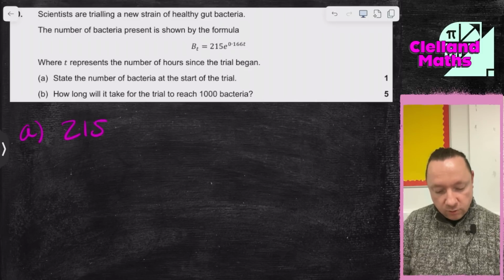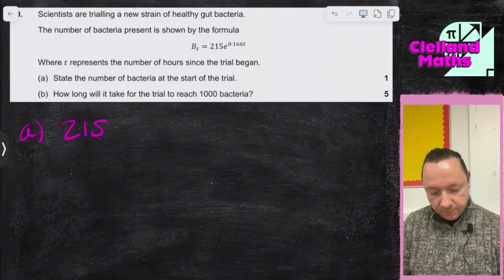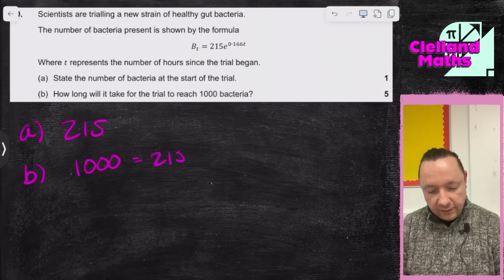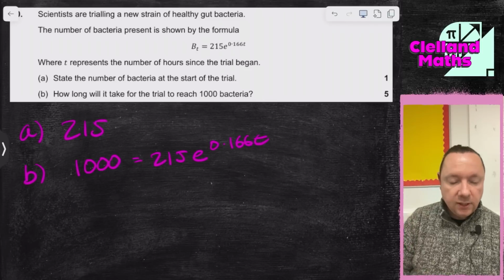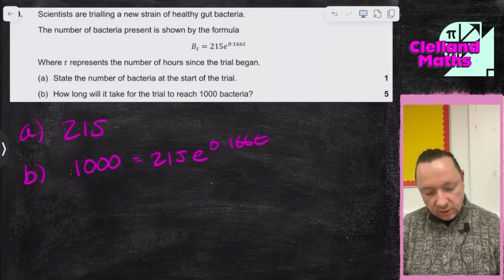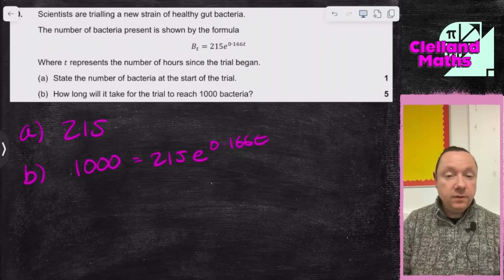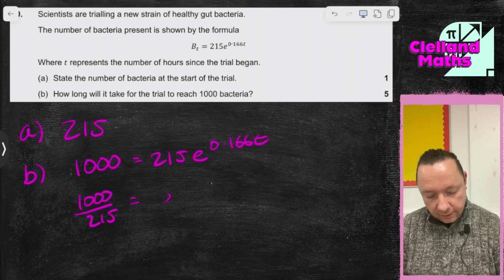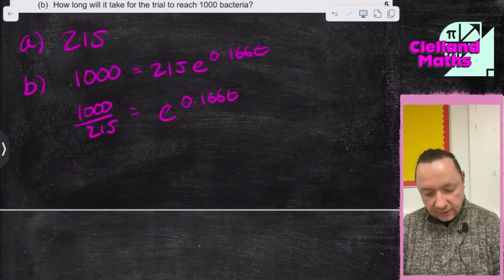How long will it take for a trial to reach 1,000 bacteria? So for part B, B becomes 1,000, and that equals 215 e to the 0.166t. This is quite a nice one, because there's no k to deal with. So it's just take the 215 down, e to the 0.166t, and then log both sides.